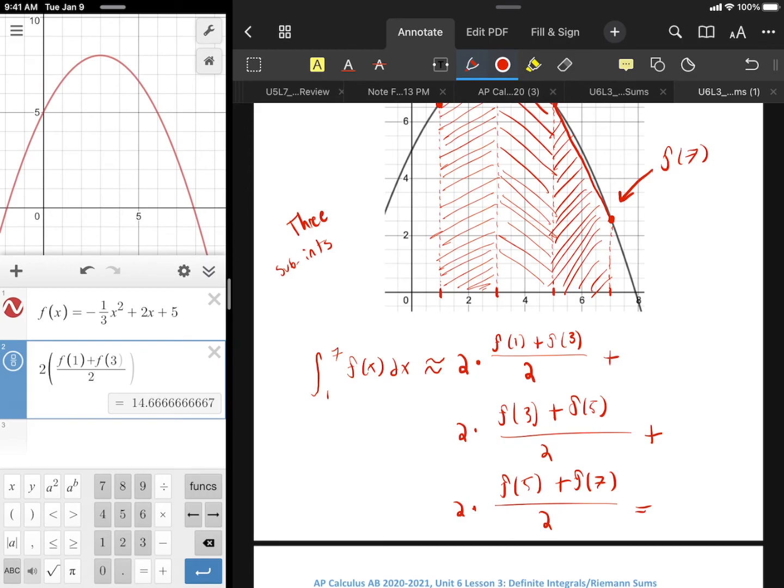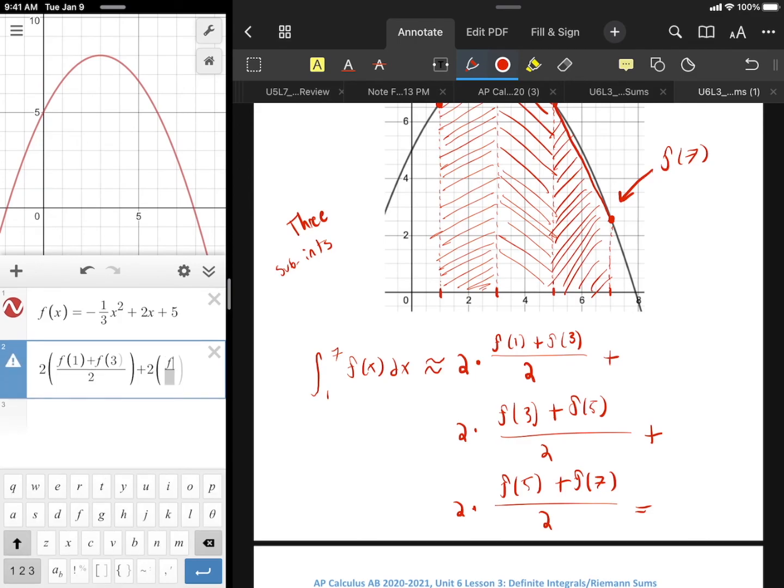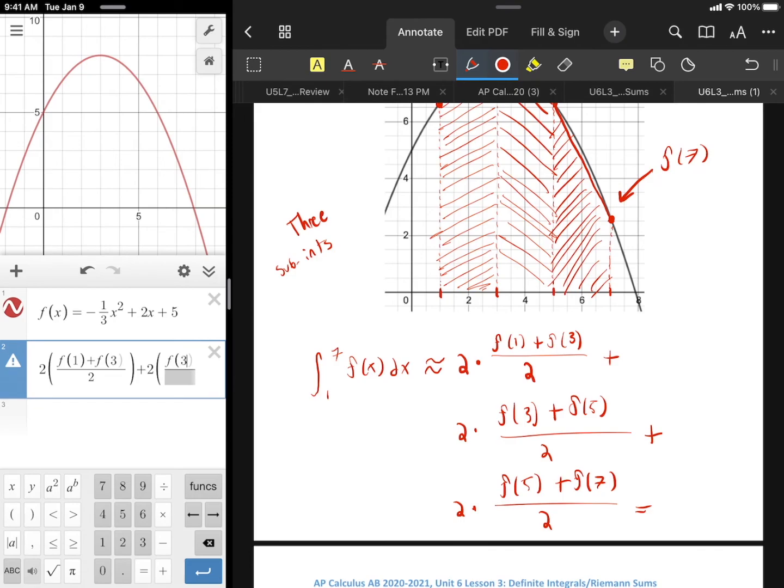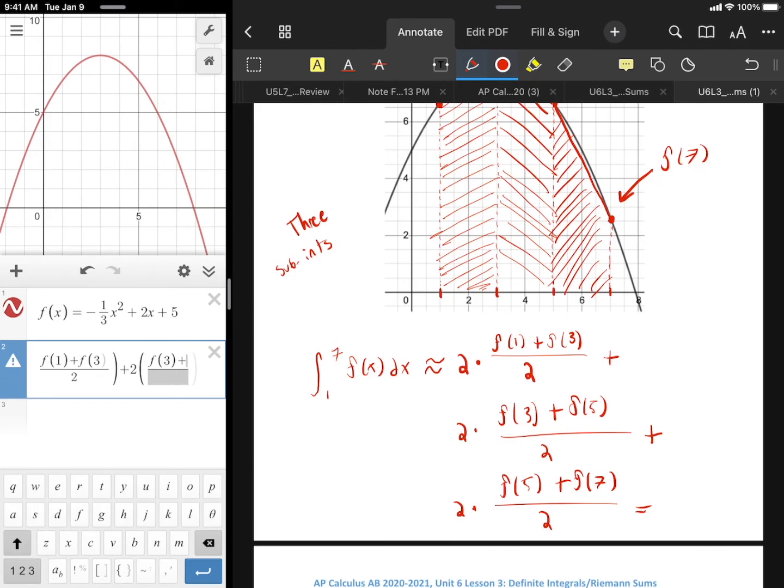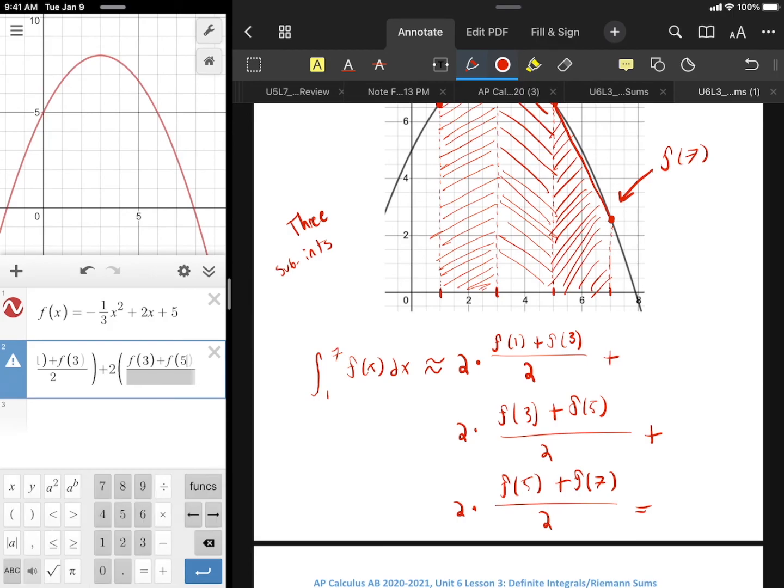So the area of that first trapezoid is 14 2/3. And we keep going here. 2 times, then we have f of 3 and f of 5. All of that over 2.